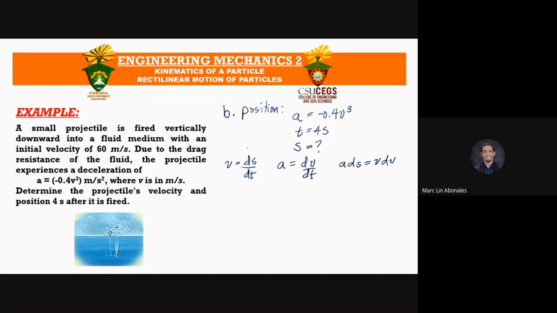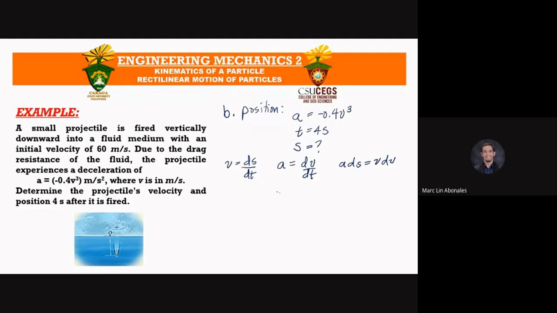So that would be A ds is equal to V dV. The same thing, A is negative 0.4 V cube, ds is equal to V dV. The V is as is, no substitution.